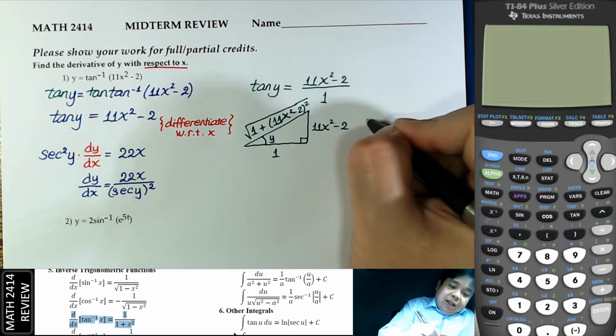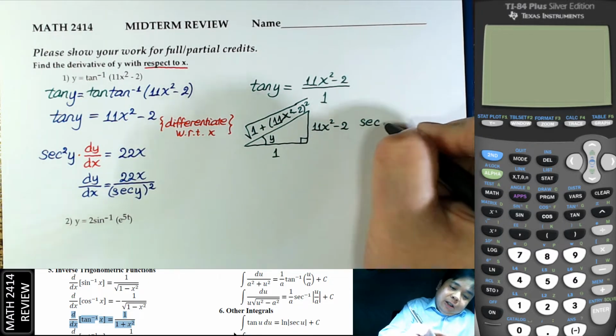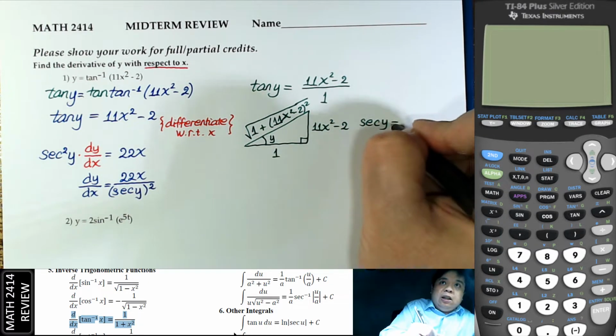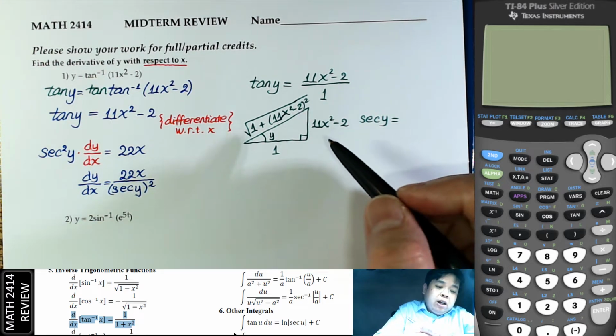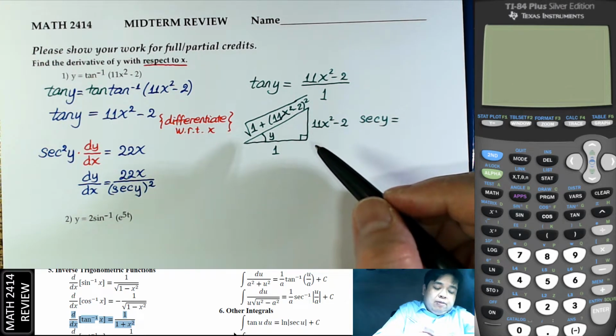Because of that, secant of the angle y will be equal to 1 over cosine.